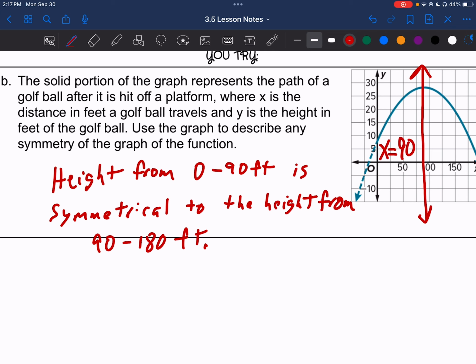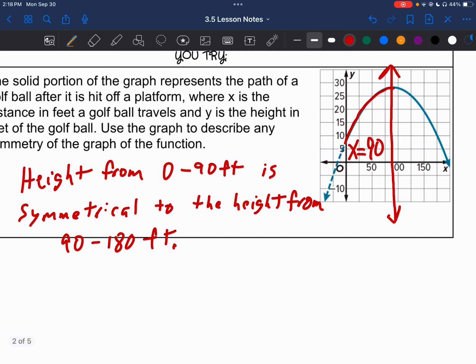So from here to here is going to be the same as from here to here. Those are going to be mimicking.